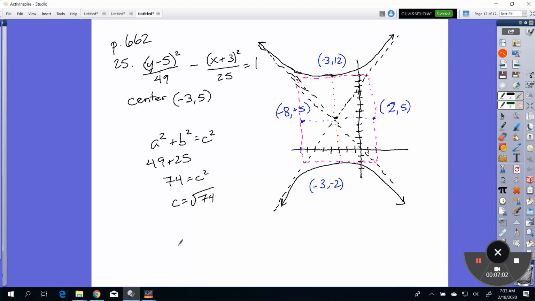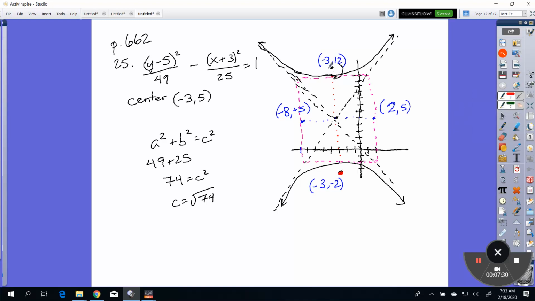So C equals the square root of 74, which is bigger than 8, smaller than 9. So the foci is going to be in here somewhere, and this focus is going to be in here somewhere.